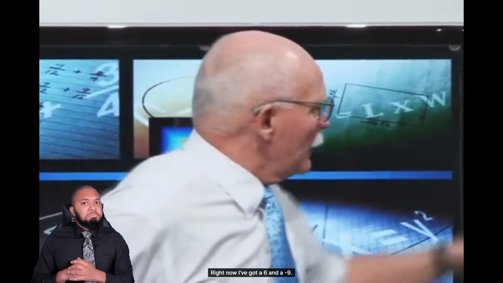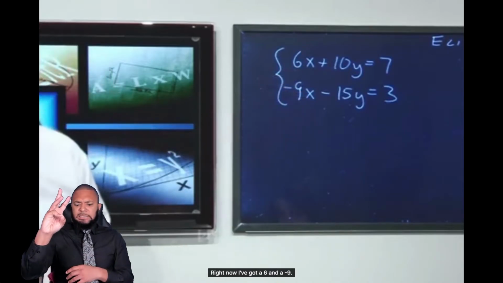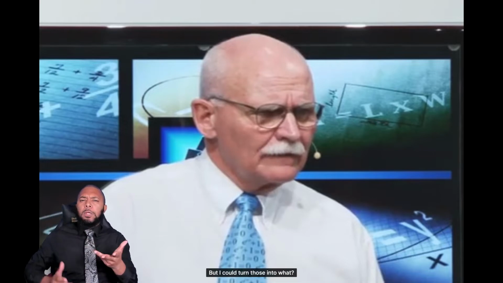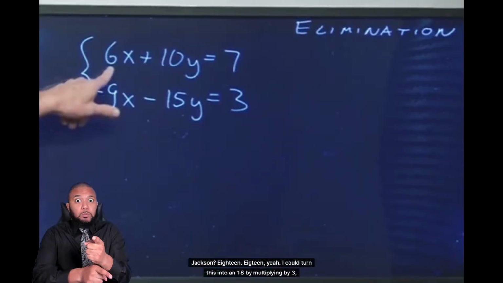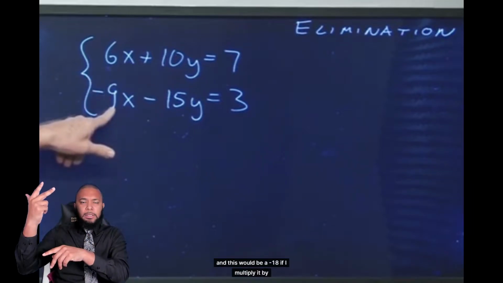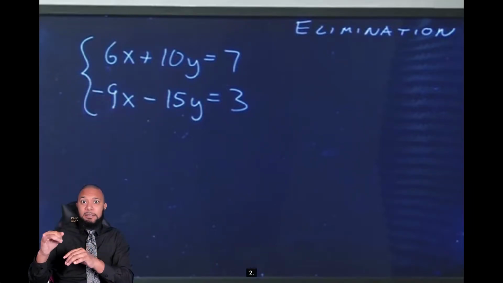Okay? So let's first eliminate x. Right now I've got a 6 and a negative 9, but I could turn those into what? Think of the least common denominator, the least common multiple. Jackson? 18. Yeah. I could turn this into an 18 by multiplying by 3, and this would be a negative 18 if I multiply it by 2, right?